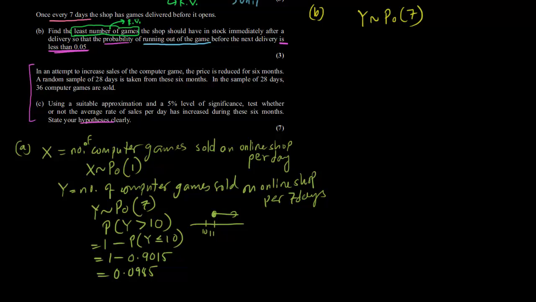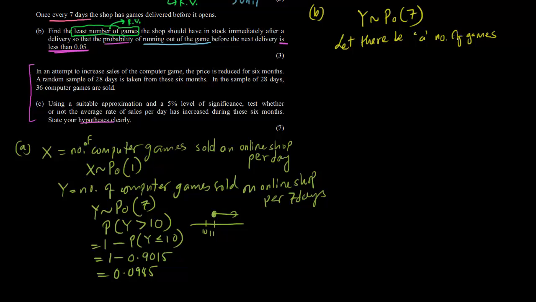Okay, next, we don't want to run out of something. So let there be a number of games, computer games. So they have to have at least a number of games or more.